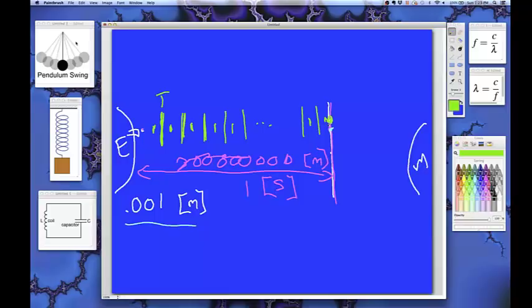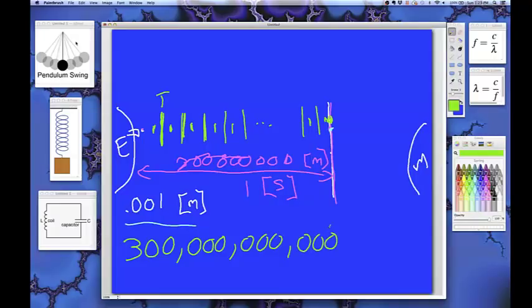of a microwave in this particular 0.001 of a meter or 1 millimeter has the frequency of 300 billion cycles per second, right?